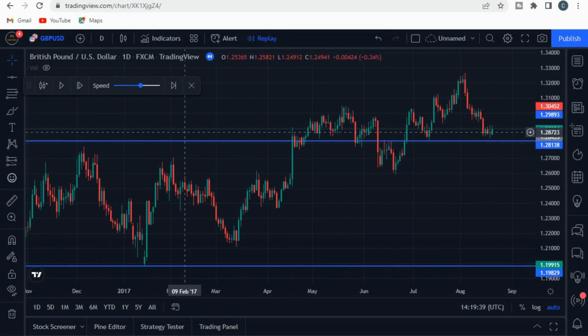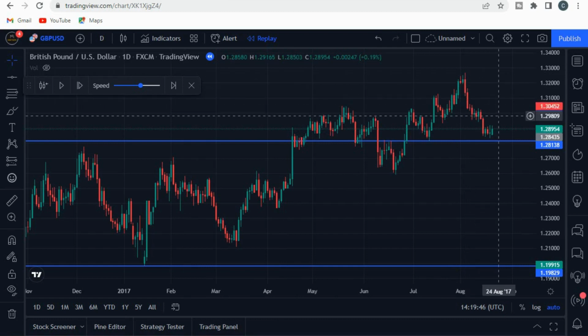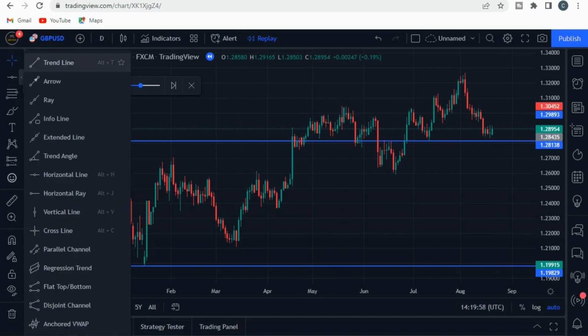Now let us see what the trade is doing. I can see that this trade is forming a downtrend on the daily time frame. It is trending down to the support level. Listen to what I said carefully. This trade is trending down to the support level on the daily time frame.